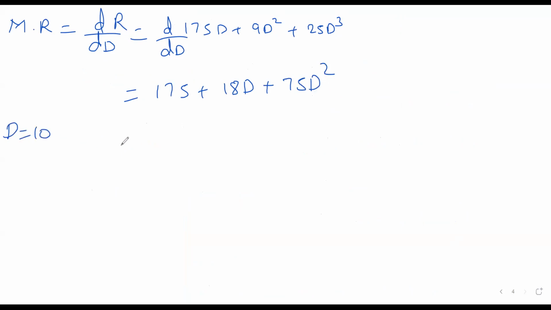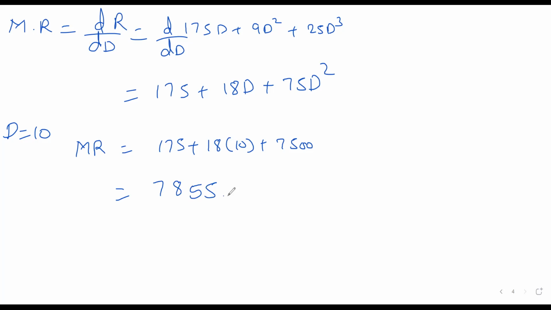At D is equals to 10, marginal revenue will be 175 plus 18 into 10 plus 7500. So that will be 7500 plus 180 plus 175, that is 7855. This is the marginal revenue.